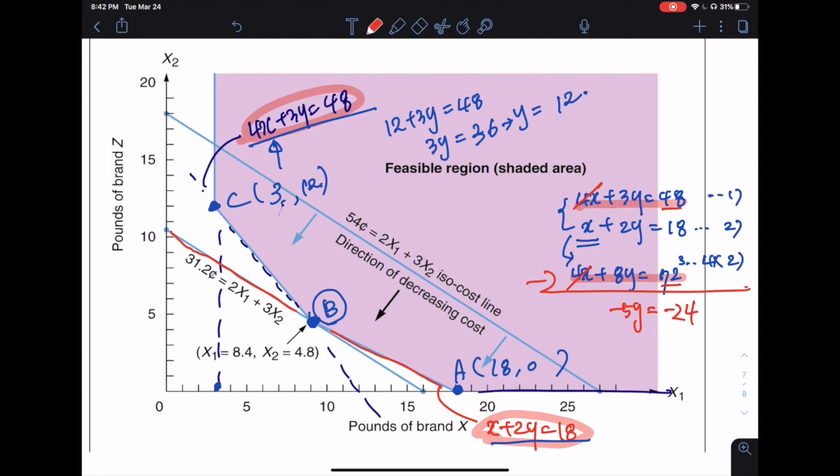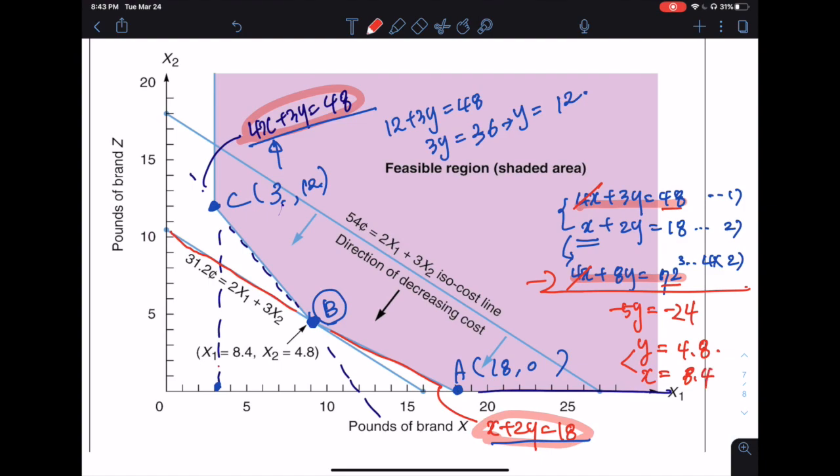So what is the value of y? y equals 4.8. And then if you plug in that number into either equation 1 or 2, you will get x equals 8.4.